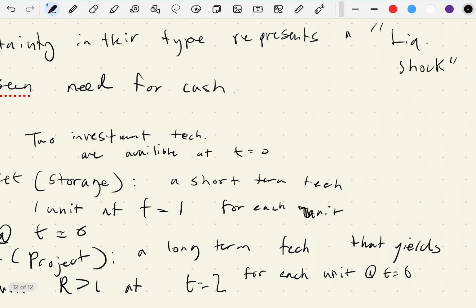So the point of this, instead of just holding cash, right, we don't just want to store our cash, but we want something that's going to grow. This would be an illiquid asset, all right?